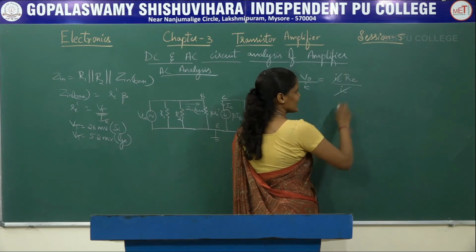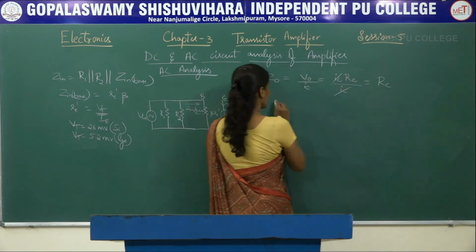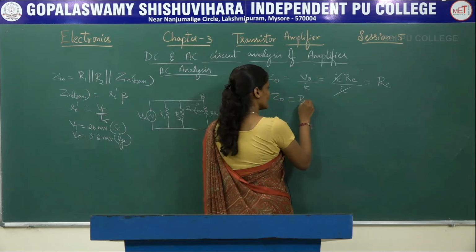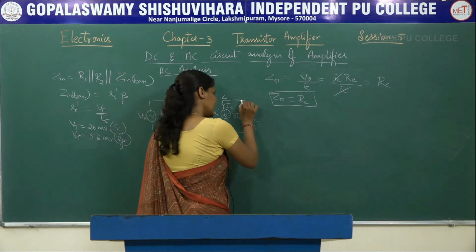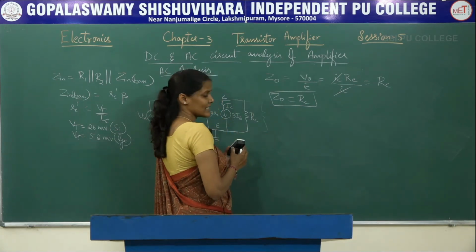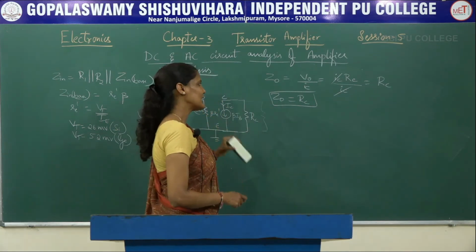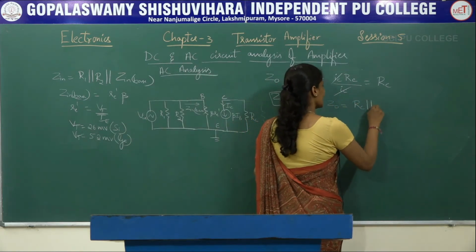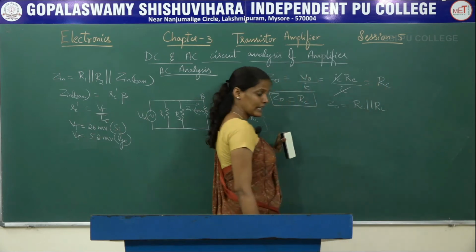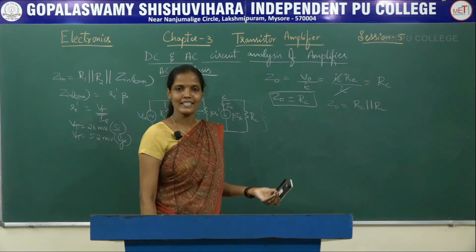So Ic gets cancelled, and I will be left with only Rc. So Z0 is equal to Rc. If RL is connected across this, RL being the load resistor we are going to use, then Z0 will be equal to Rc parallel to RL.